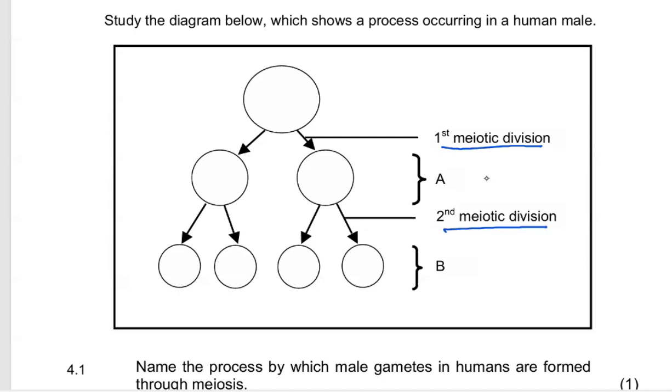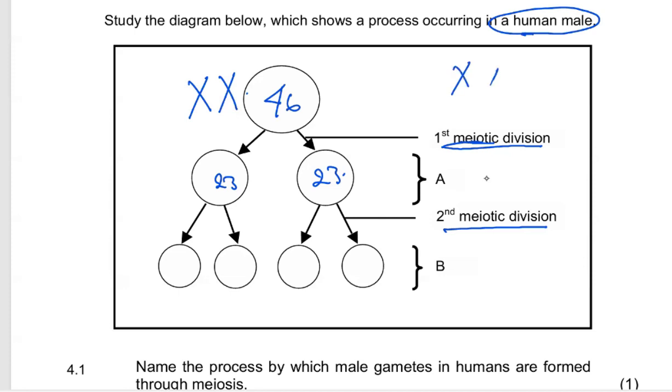Remember, they said it's a human. The moment they say human cell, that's when you start thinking about the 46 chromosomes. So now this is 46. When meiosis 1 occurs, it reduces them to 23, 23. But remember, these are homologous chromosomes.